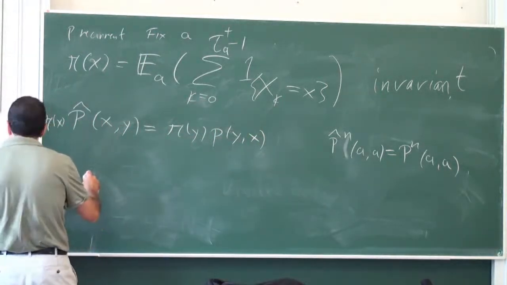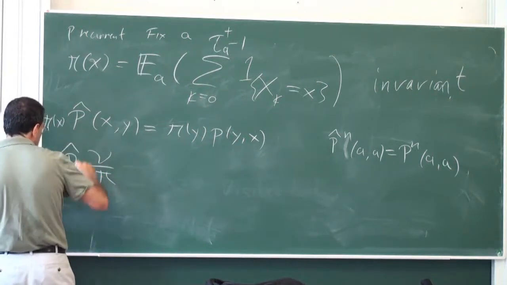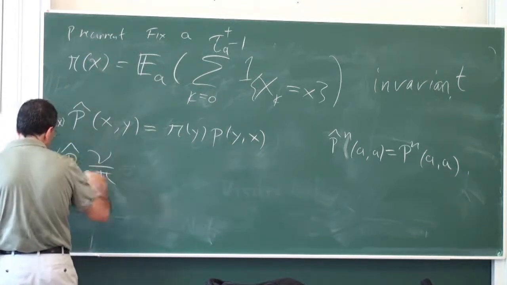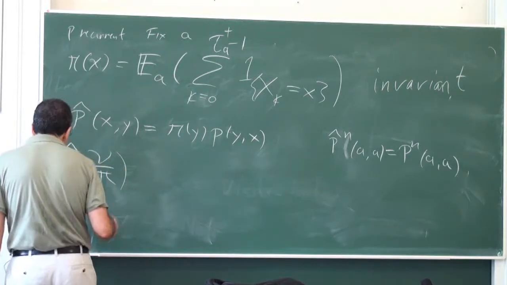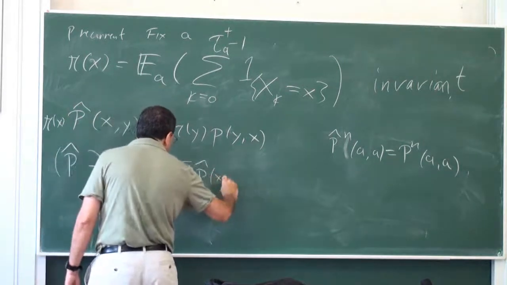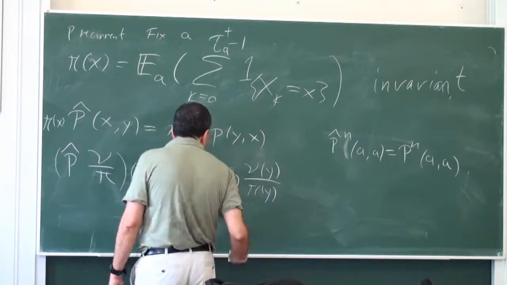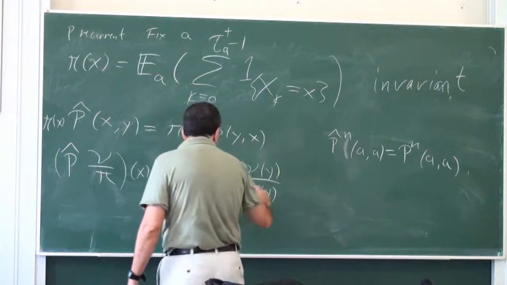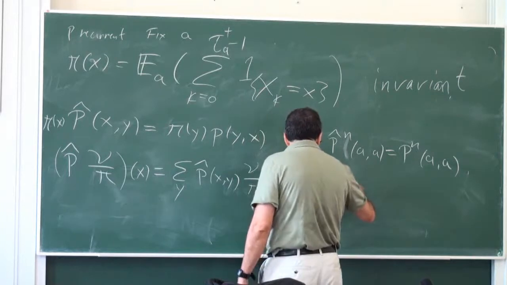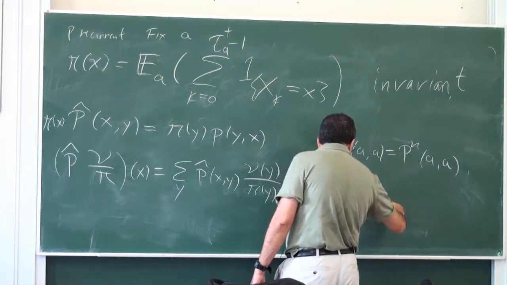But now look at the function nu over pi, and compute p hat times nu over pi at a point x. This is the sum of p hat xy nu of y over pi of y, which, because of the definition of p hat, is the sum over y of pyx over pi of x times nu of y.